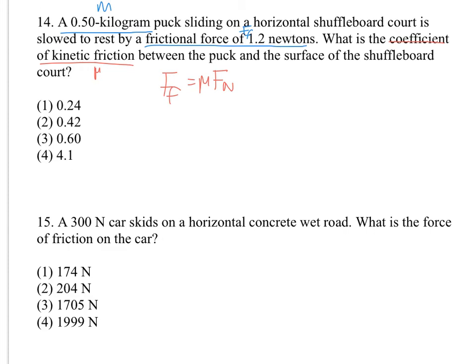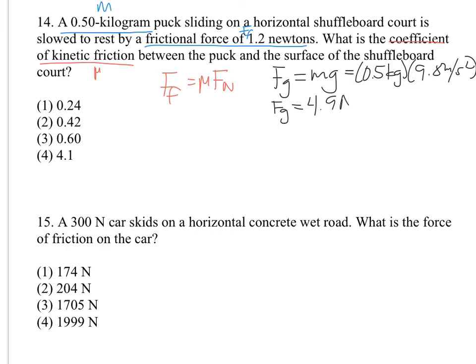Okay, so it's a two-step problem. So let's first find the weight. This should give us about 4.9 newtons, which is also equal to our normal force.